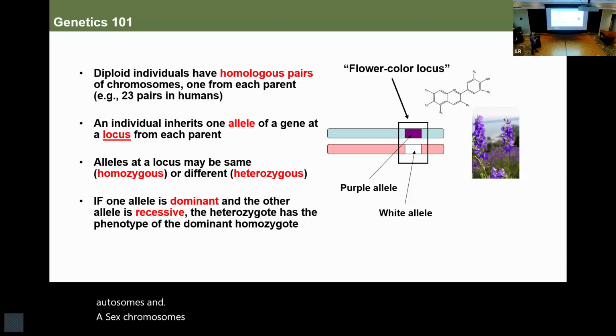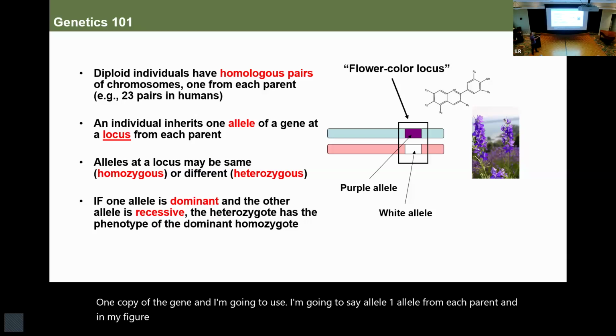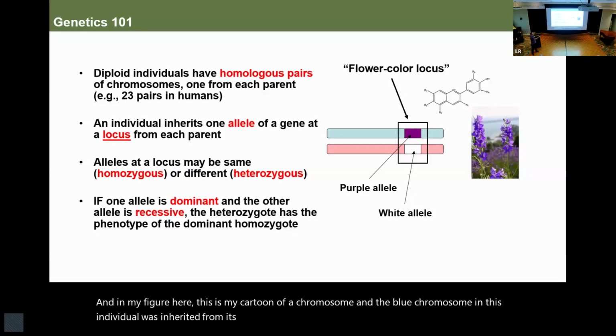An individual inherits one copy of the gene, I'm going to say allele, one allele from each parent. In my figure here, this is my cartoon of a chromosome, and the blue chromosome in this individual was inherited from its dad, and the pink chromosome was inherited from its mom.